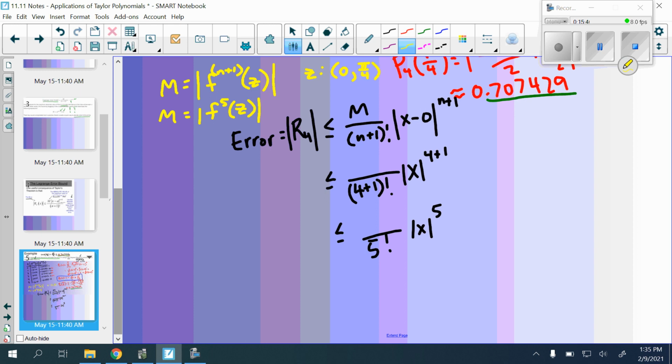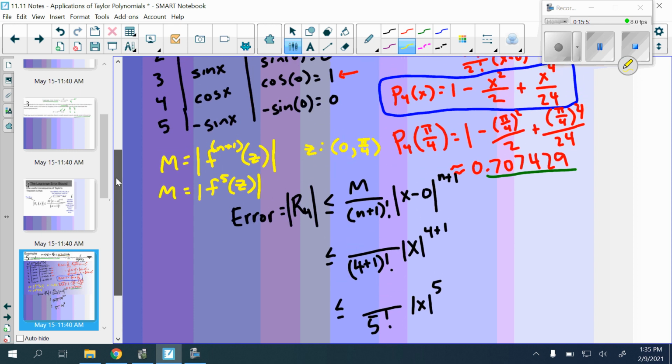So what's the biggest the fifth derivative can be from 0 to pi over 4, the absolute value of that? Well, if we go back up, our fifth derivative ends up being negative sine x. So that's our fifth derivative.